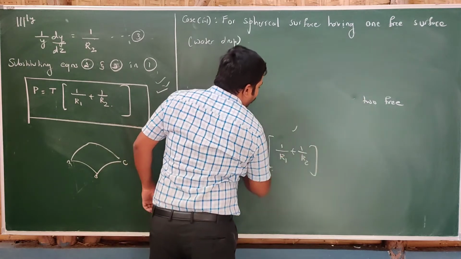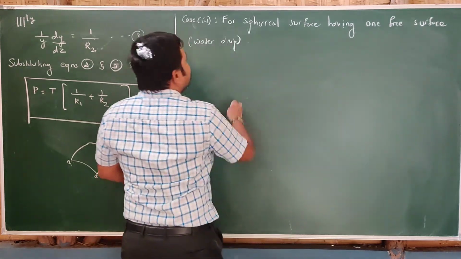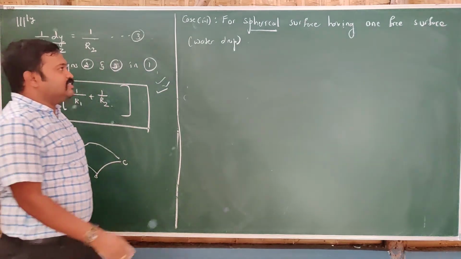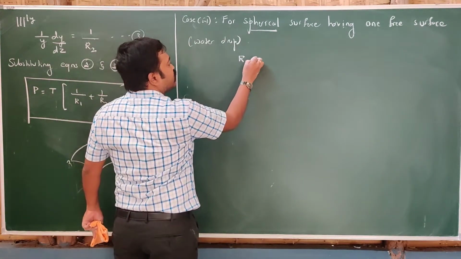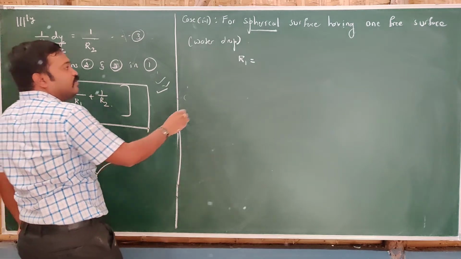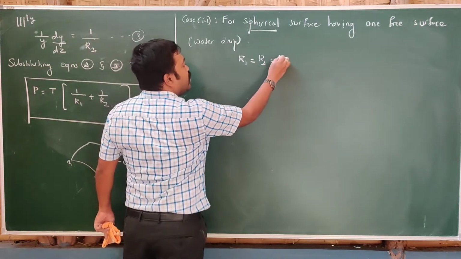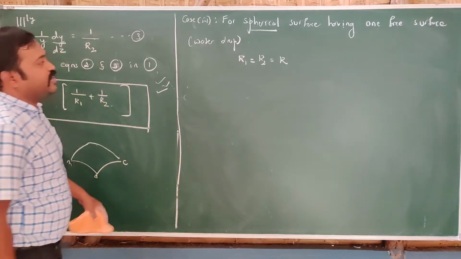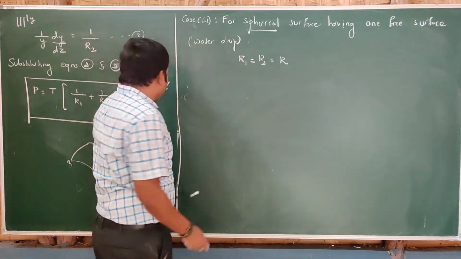If I am taking one free surface, what happens? Since it is spherical, the radii of curvature R1 and R2 will be equal. R1 and R2 will be equal to R. Spherical means the radius will be the same. So that is why we consider R1 and R2 equal to R. Then what happens to this formula?